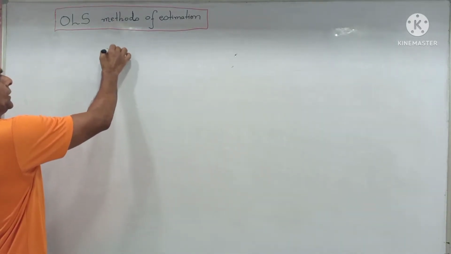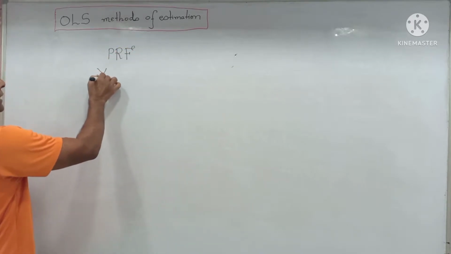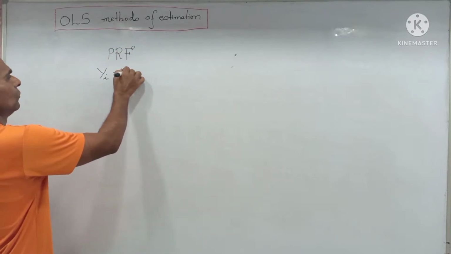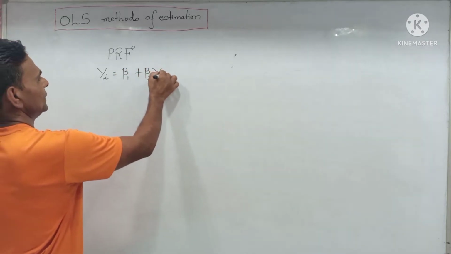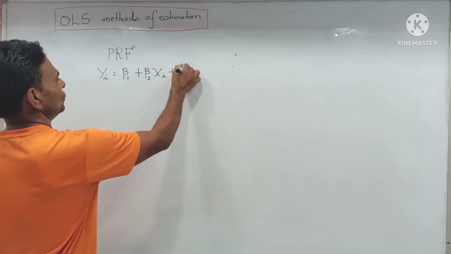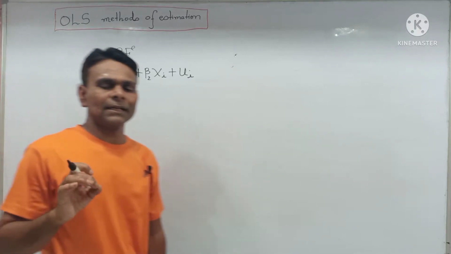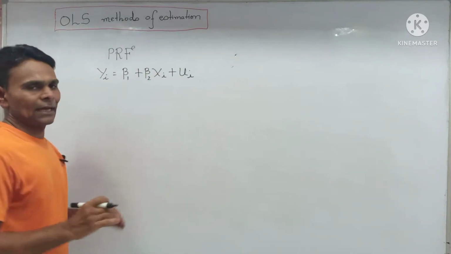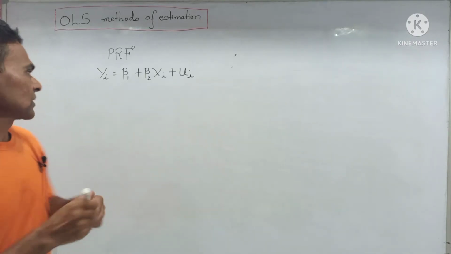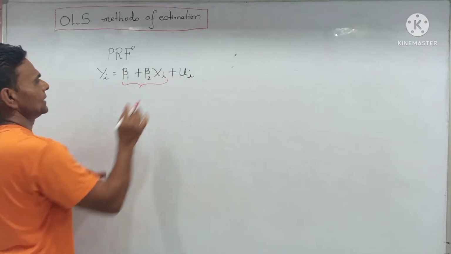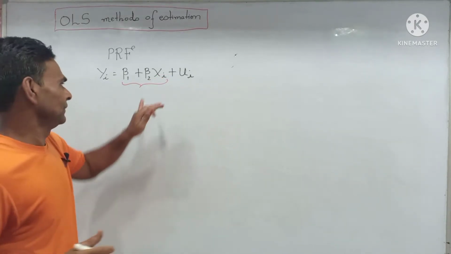First, suppose the population regression function is given by yi equal to beta 1 plus beta 2 xi plus ui. Here this is the population regression function, and it has two components. The first component is the systematic relationship determining the dependent variable and independent variable.